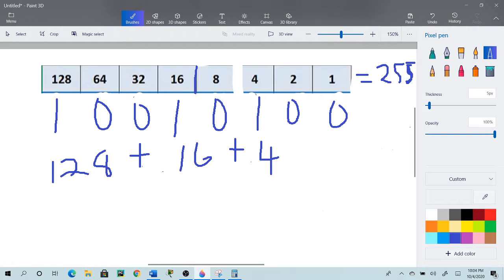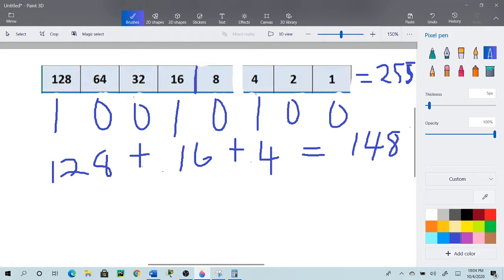So we add these three numbers together to get our decimal number. We do 128 plus 16 plus 4, which gives us 148. If you are with me, please take out your calculator and make sure we get the right number.